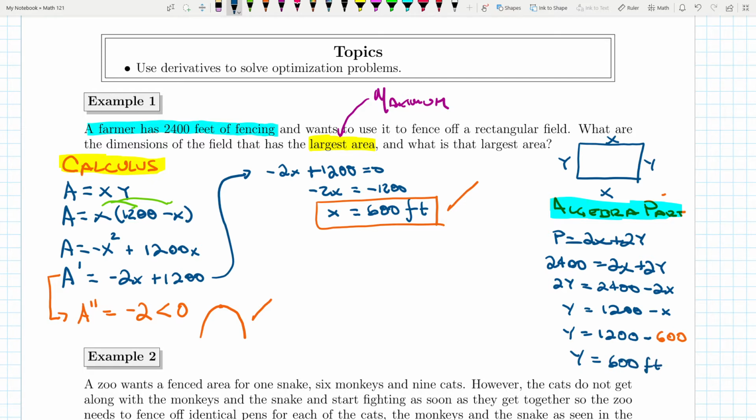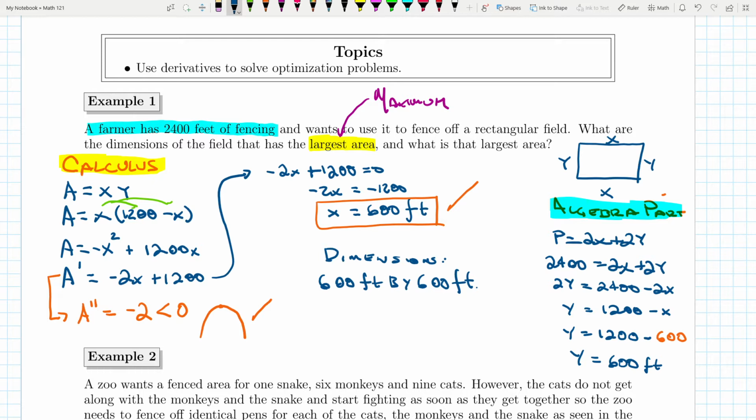All right. So as a final answer, when you do the homework, you need to input your answers separated by commas or filling in the blanks and boxes or something. So you just need to say that the dimensions are 600 feet by 600 feet.